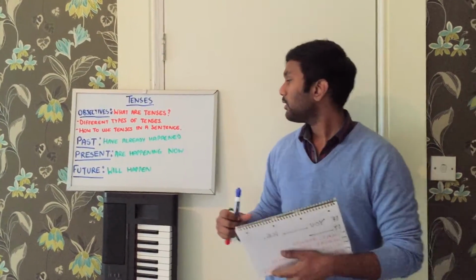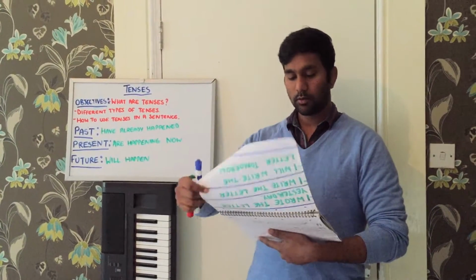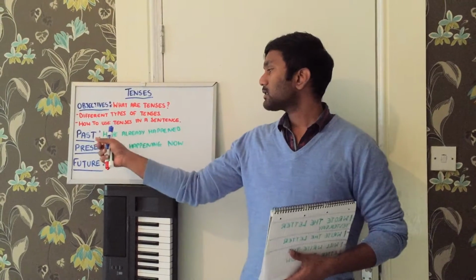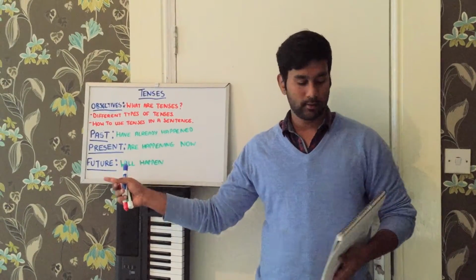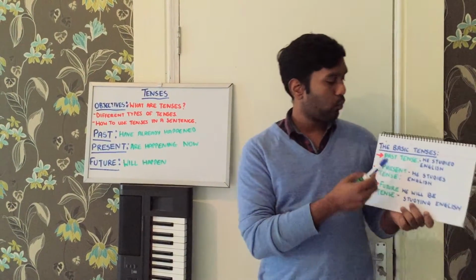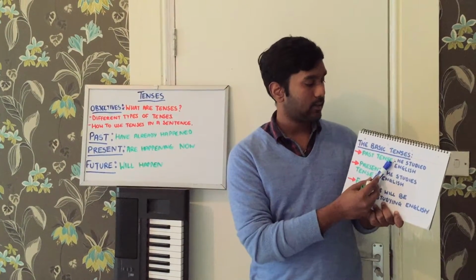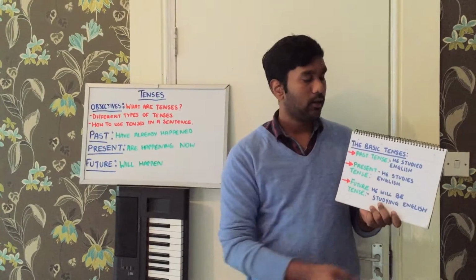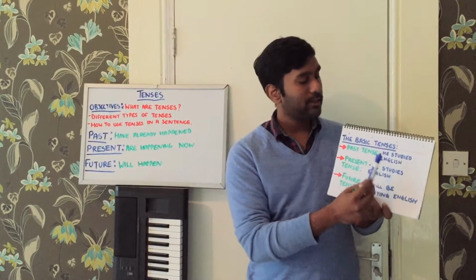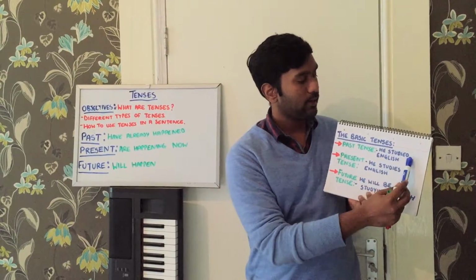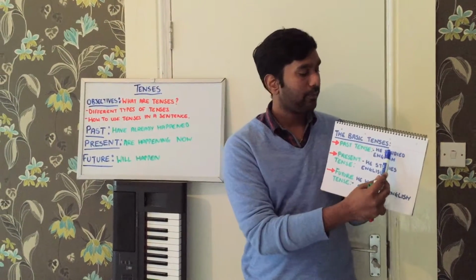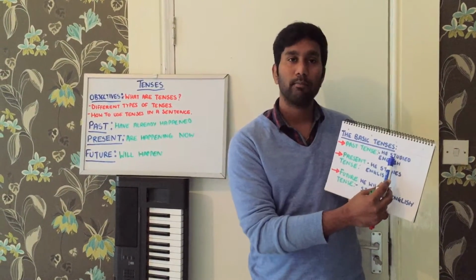Alright students, so let's move on to another basic example of past, present and future tense. Alright? So let's take one more example of past tense. He studied English. Now, you can clearly see that studied is the action, and that has already happened.